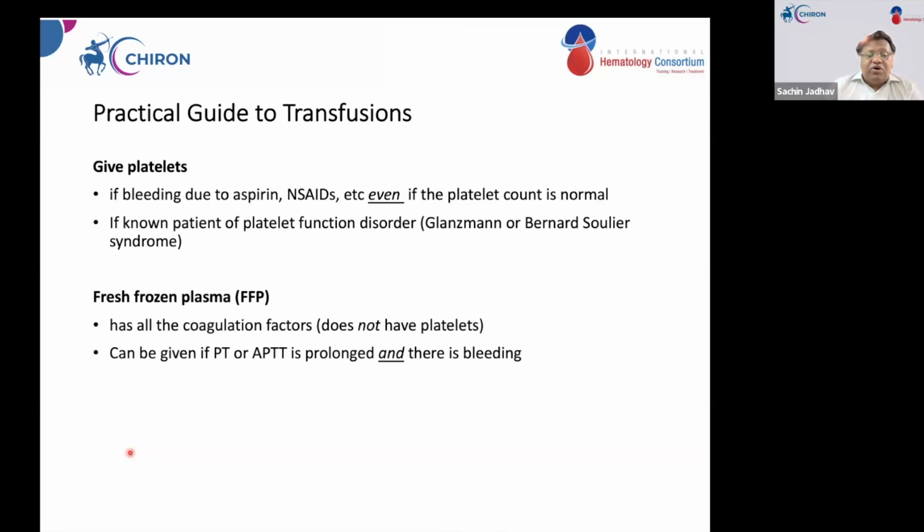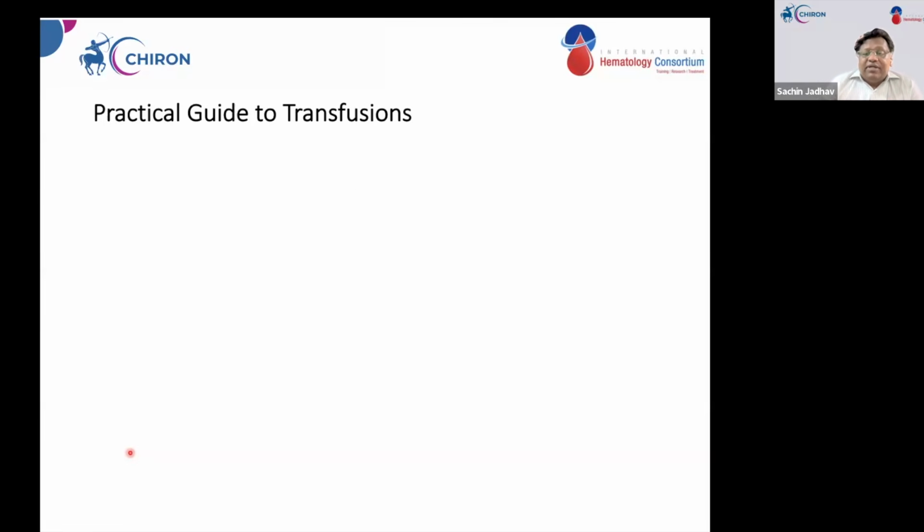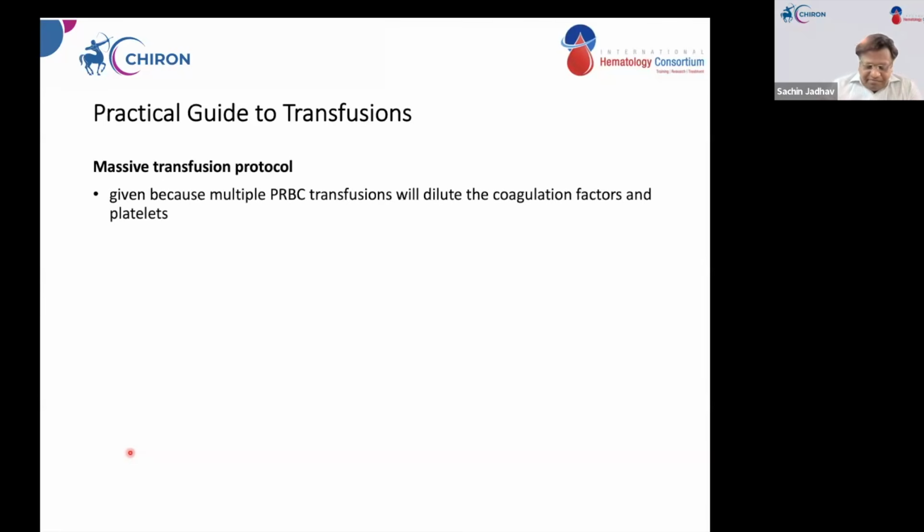So anybody with prolonged PT, APTT and bleeding, remember, if there's no bleeding, don't treat the number. Don't treat prolonged PT, APTT if there's no bleeding. So prolonged PT, APTT and there is bleeding, like I said, in a serious patient, you can go ahead and give FFP, right?